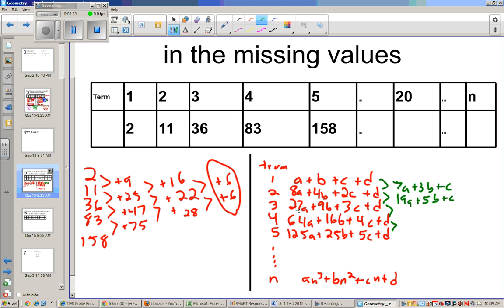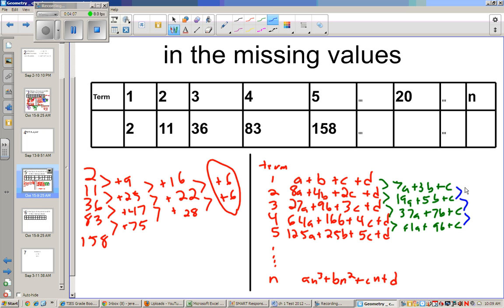These two rows, 64 minus 27 is 37a plus 7b plus c. And then our last row, 125 minus 64, is going to be 61a plus 9b plus c. Now, let's take the differences of those.